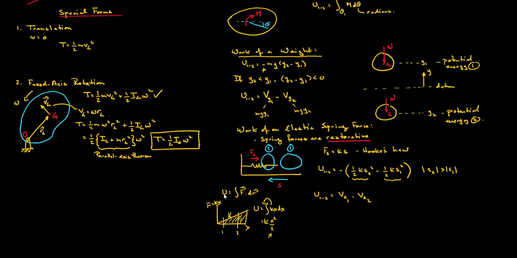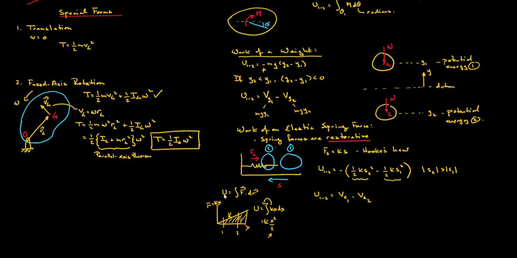For fixed axis rotation, we saw that we can simplify our general form for the kinetic energy of a rigid body, and that simplified form tells us that the kinetic energy is 1/2 I-O omega squared, where O is the axis passing through the axis of rotation.